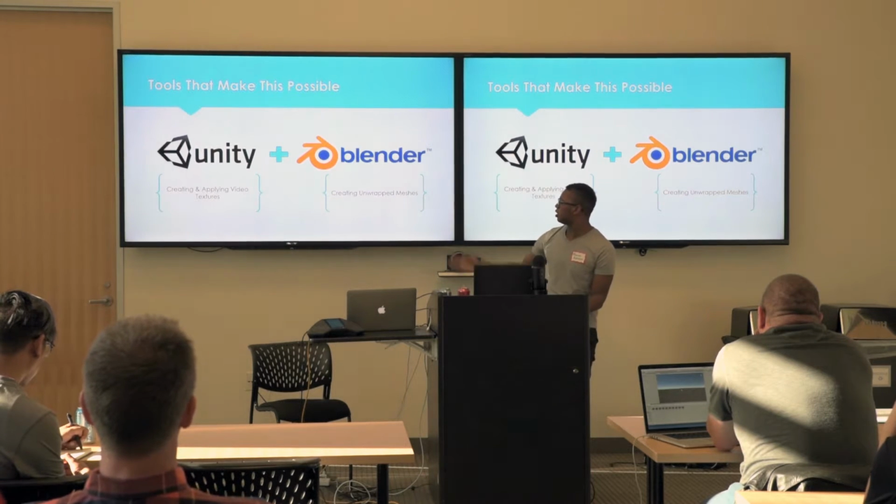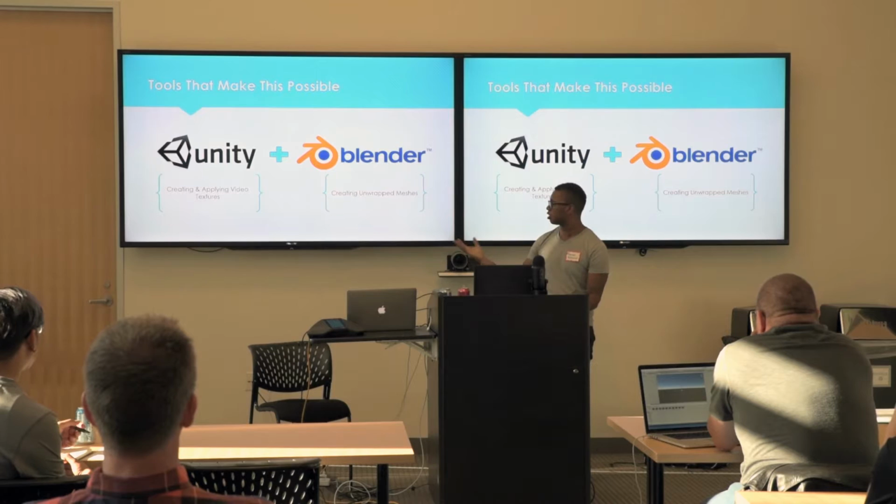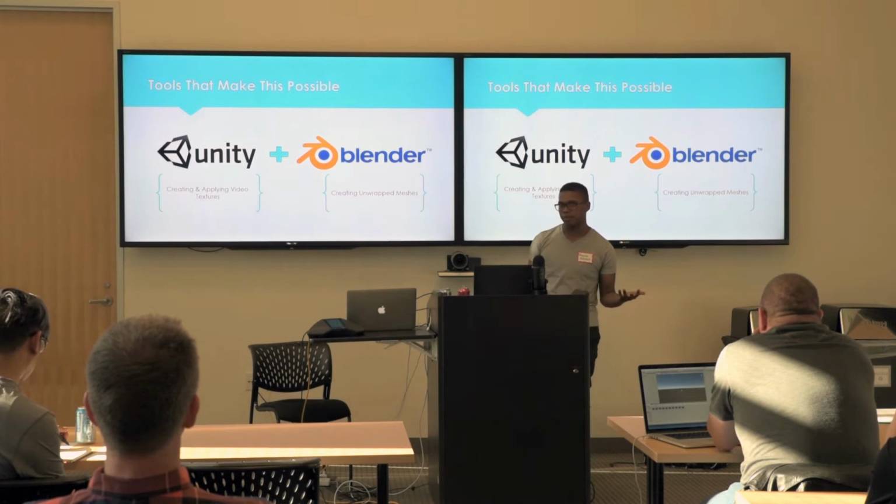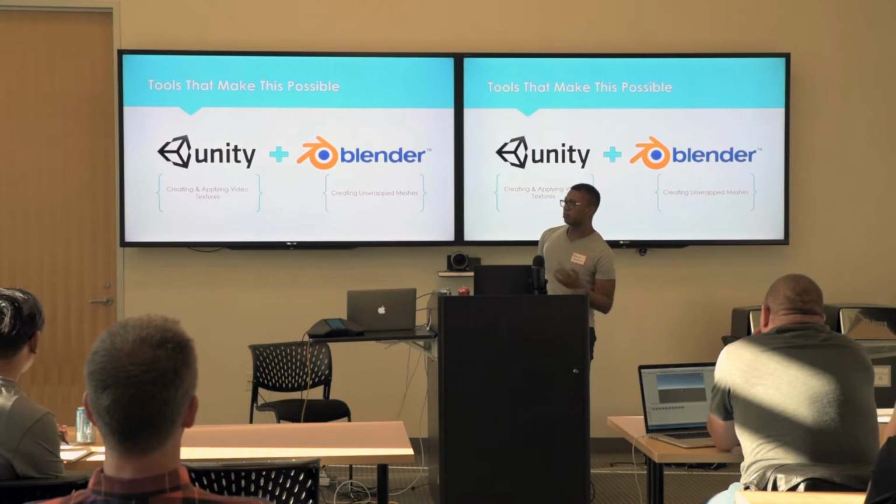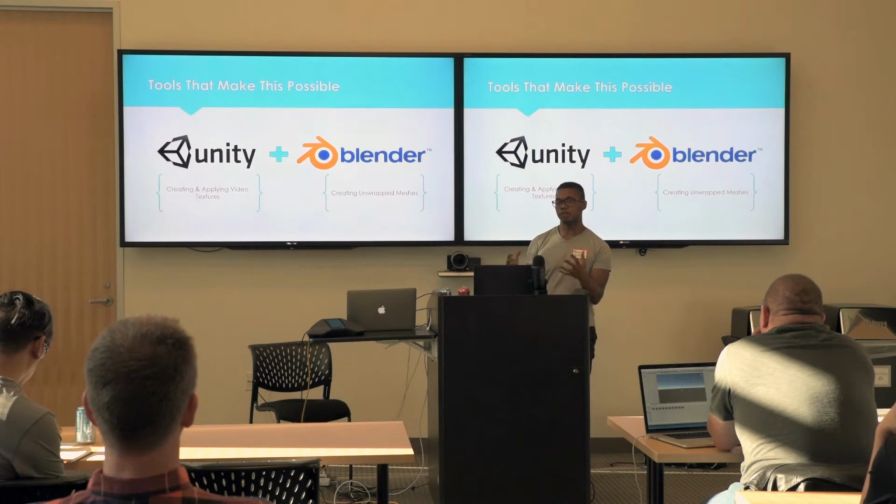Unity allows us to take a video file and turn it into a live texture and apply it to a mesh. And Blender allows us to create meshes. We're using them hand in hand because Unity doesn't actually have a standard mesh that we can generate to put a video file onto.